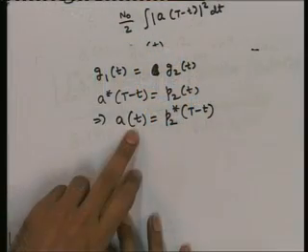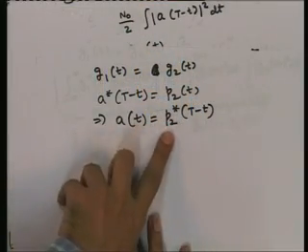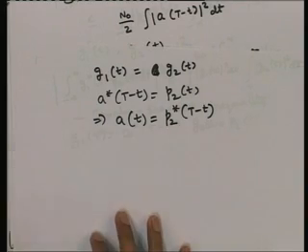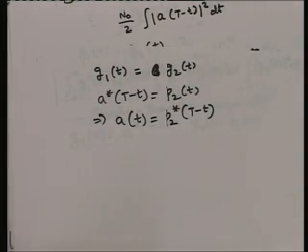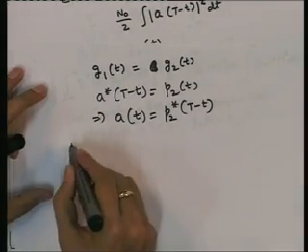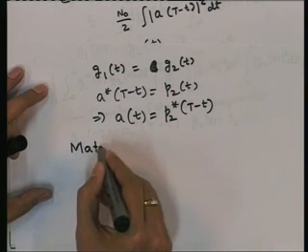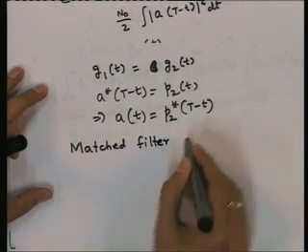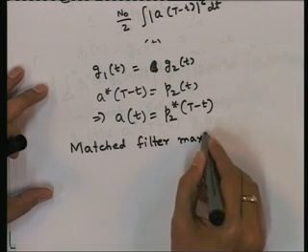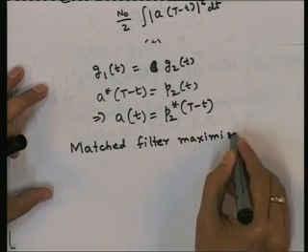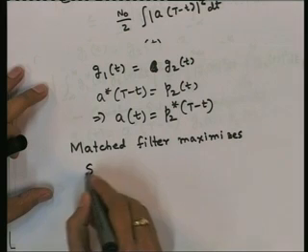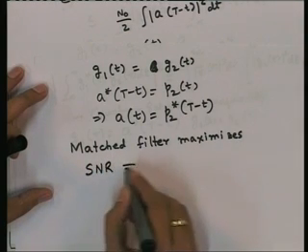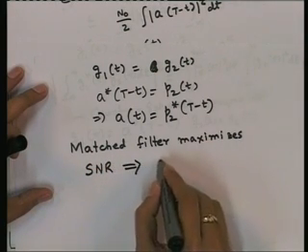And that means A(t), that is the receive filter, is the matched filter, matched to P2. So we have seen here that the matched filter maximizes SNR. That means the matched filter is optimum.